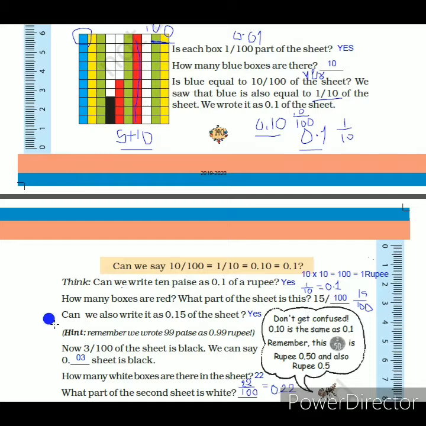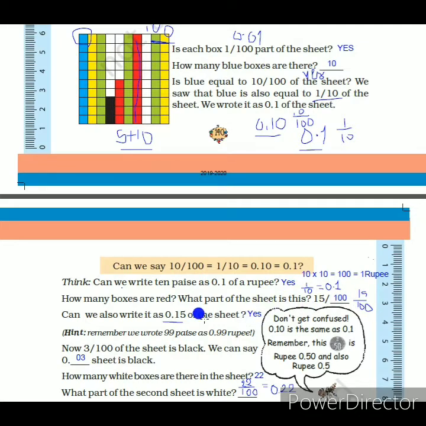Now, can we also write it as 0.15 of the sheet? Yes. In the previous question we did it this way: 10 paise we can write as 0.1. In the same way, here the question is, can we write the 15 red boxes in decimal point as 0.15? Yes, we can write the red part. The red part of the sheet is 0.15, because out of 100 boxes, 15 boxes are given red color.